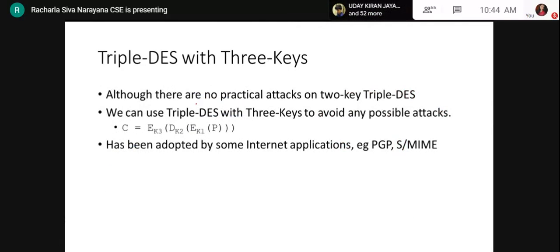So here, first we are performing encryption for the plain text and key 1.